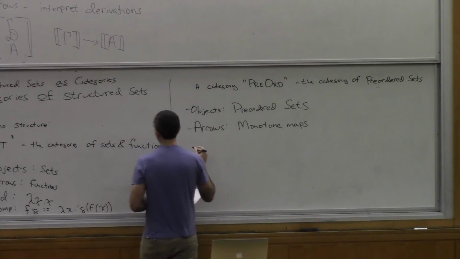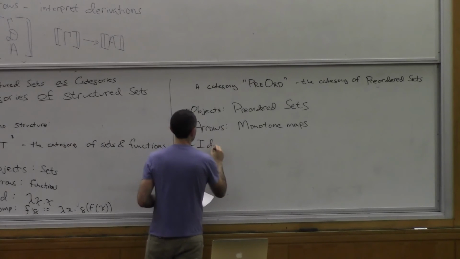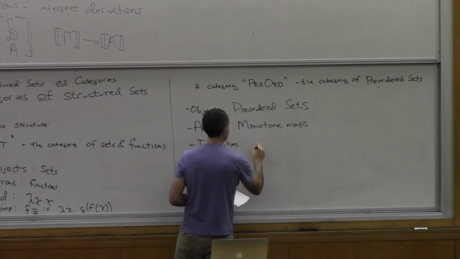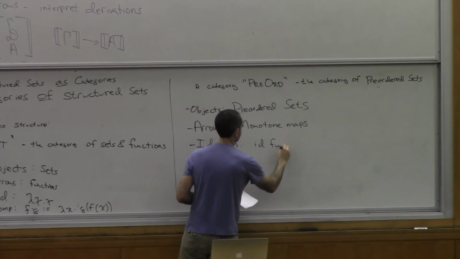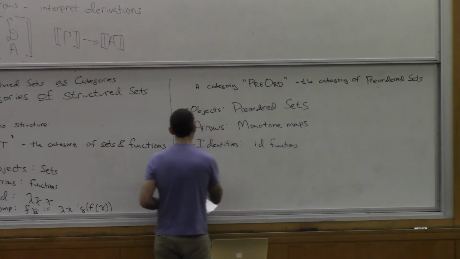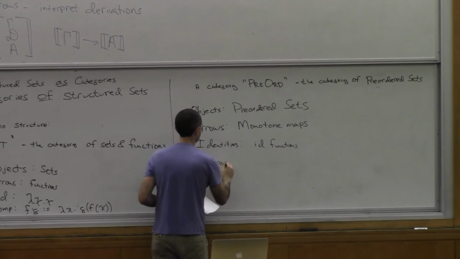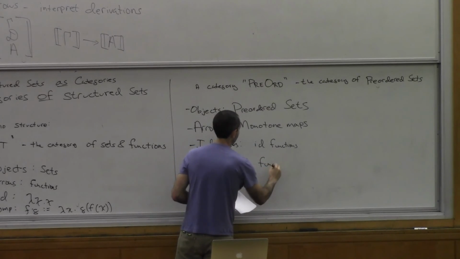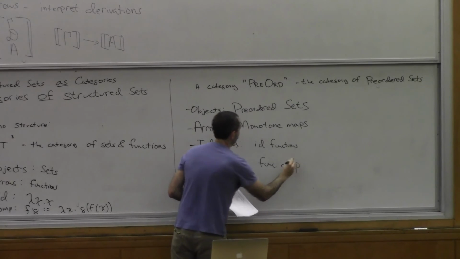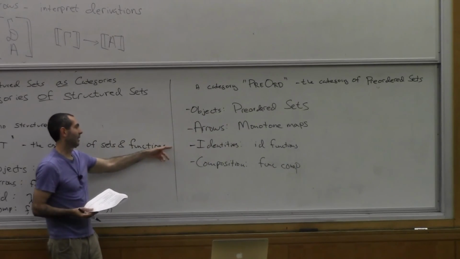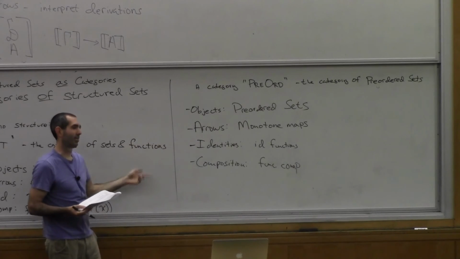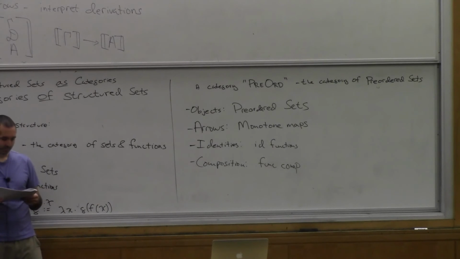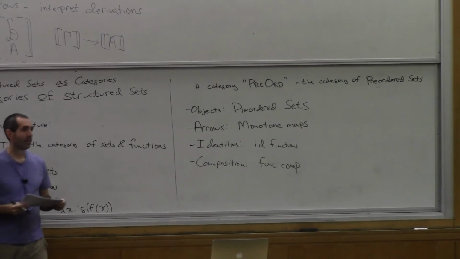I can tell you what the identities are, but they're just the identity functions. I have to tell you what the composition is, but that's just function composition. And then you have to check that the identity function is order preserving and that the composition of order-preserving functions is order preserving, but that's pretty easy. Okay.